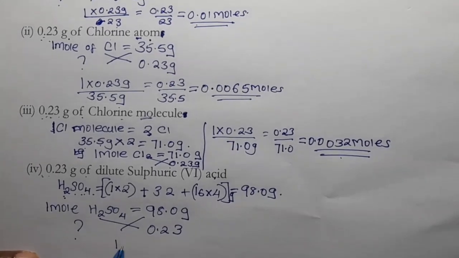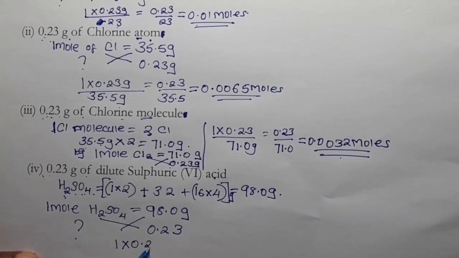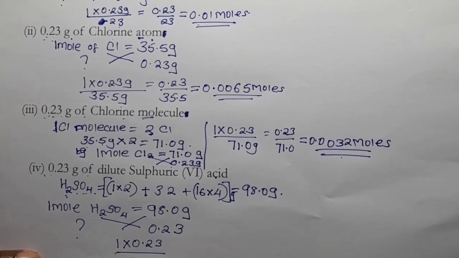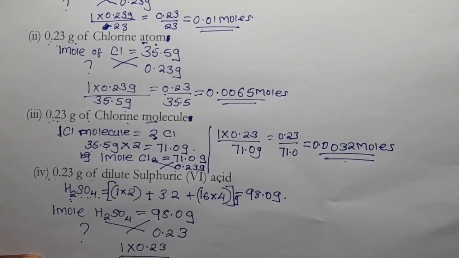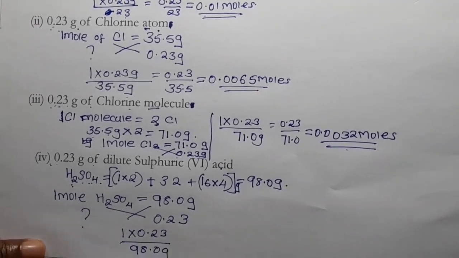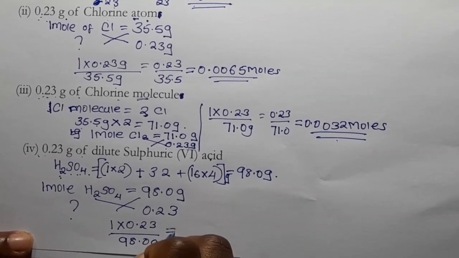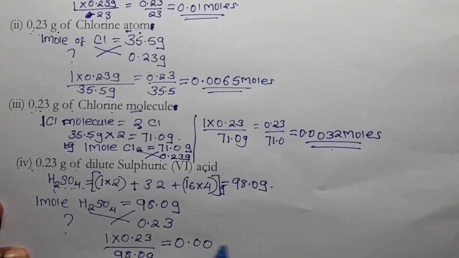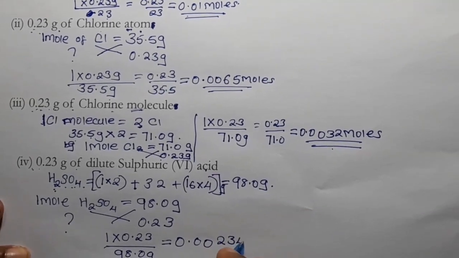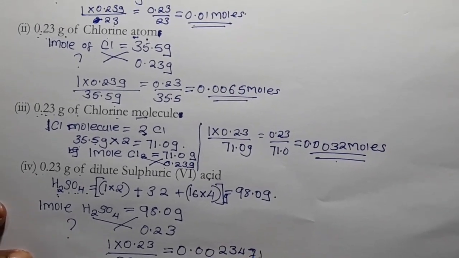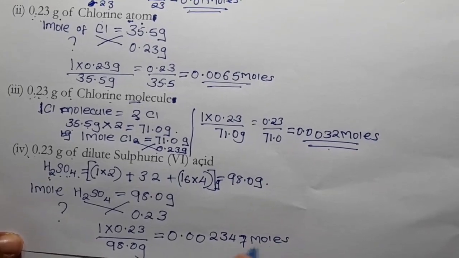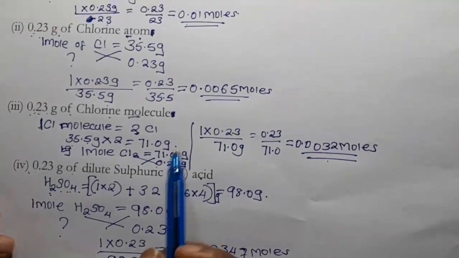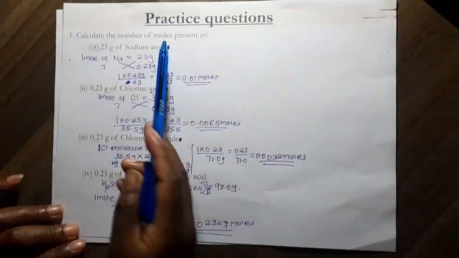So we are going to have 1 multiplied by 0.23, then divided by 98.0 grams. So this one is giving us 0.002347 moles.